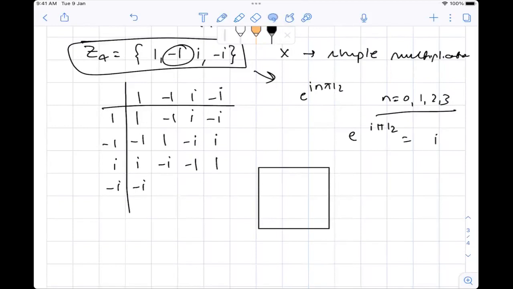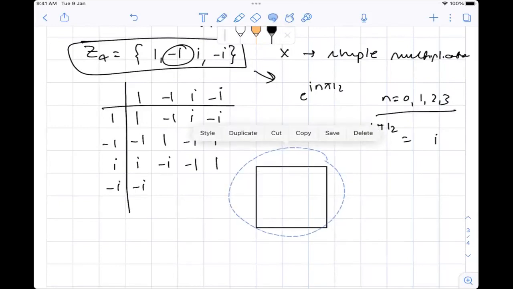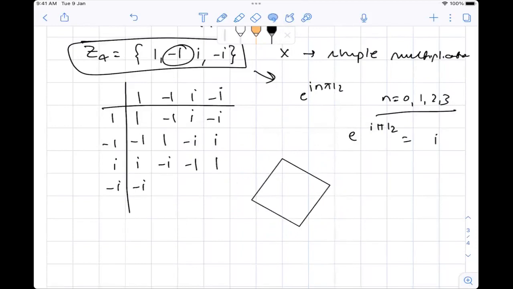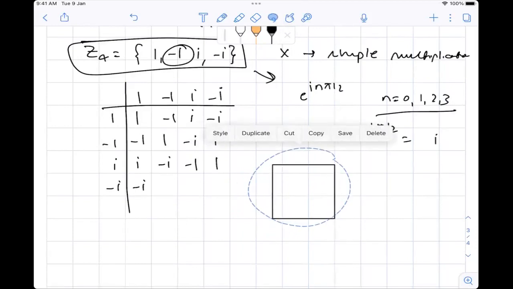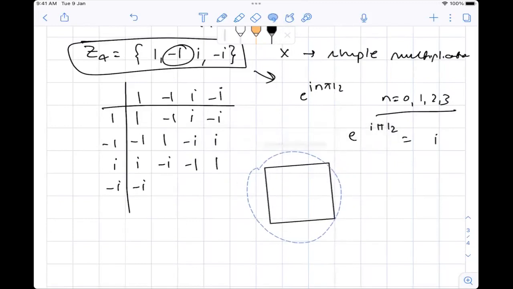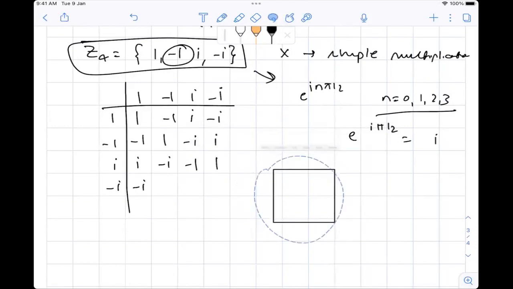Let's say this is this, and if you rotate it by 90 degrees, you will get this. And if you rotate it by one more 90 degrees, then you will get this.